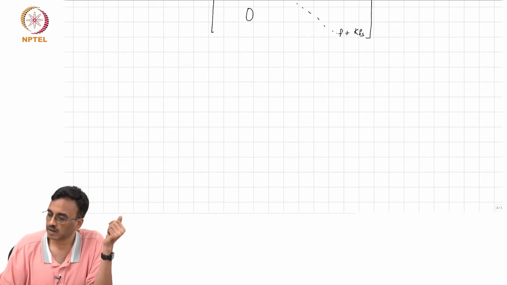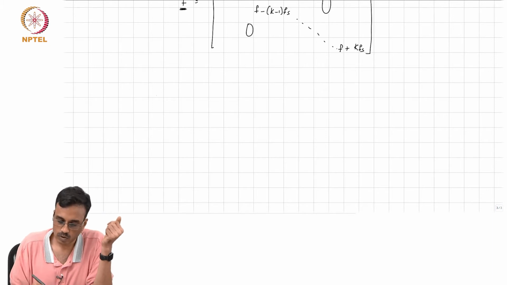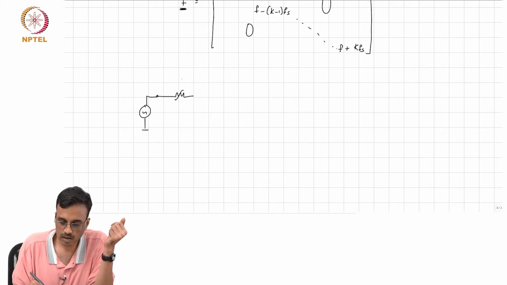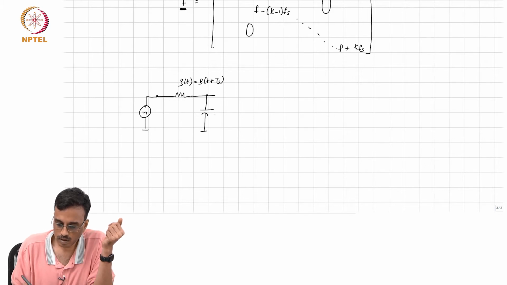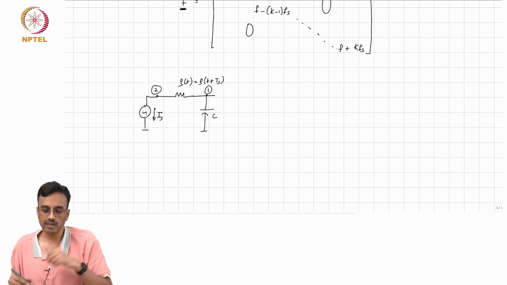Now, what do you need to do? Okay, let's actually do this in action. Let's get back to our voltage source, and this is your G of t. This is node 1 and this is node 2, and this is the unknown current phasor Is.